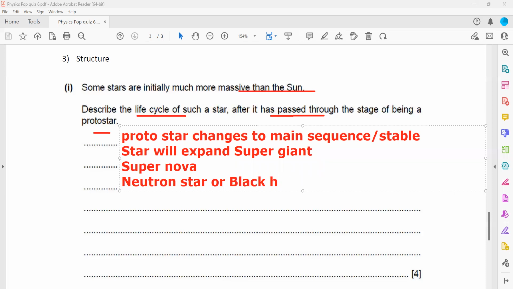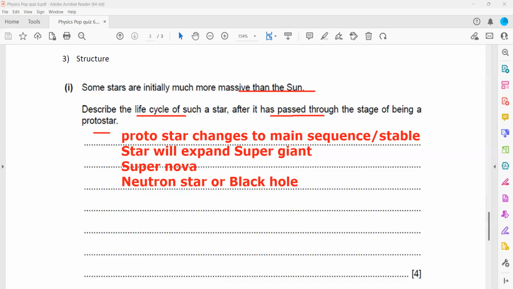This is for massive stars, stars having a mass about 8 times the mass of the sun. So this is related to the star life cycle.